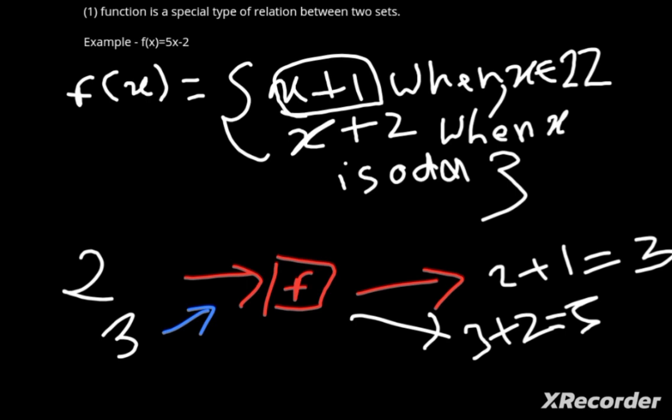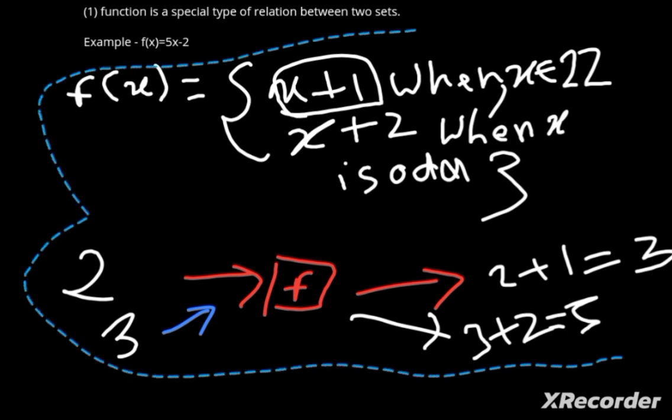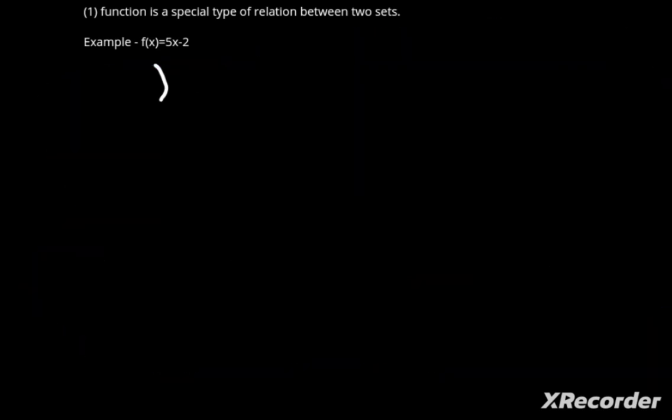So this is the basic of functions. You can all understand it very easily because it is very simple. There are more terms. First I should tell you the symbols of domain and range.